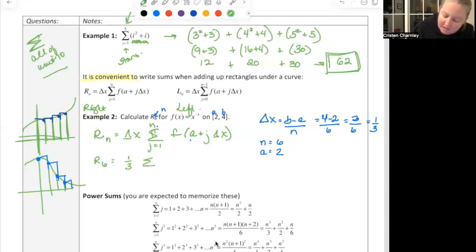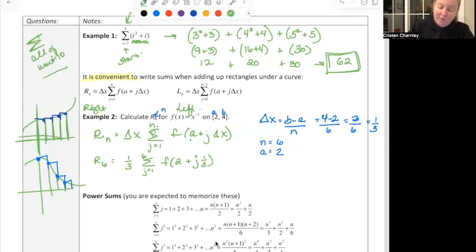Here's my sigma notation. j equals 1. n we know is 6. f of a plus j delta x, that's really just f of x, but a little extra stuff in it. So this is f of 2. Remember, j stays as j, and delta x is 1/3.